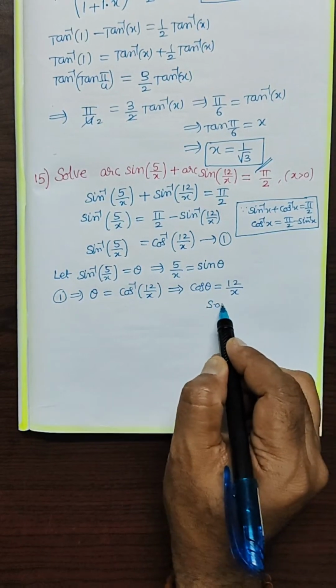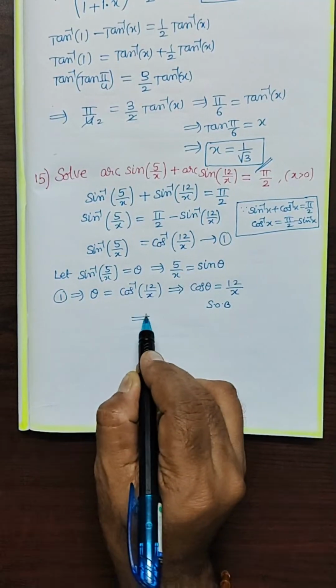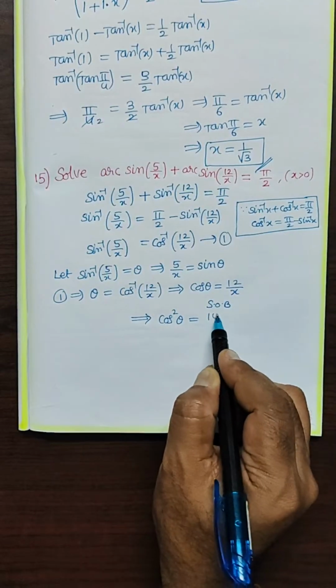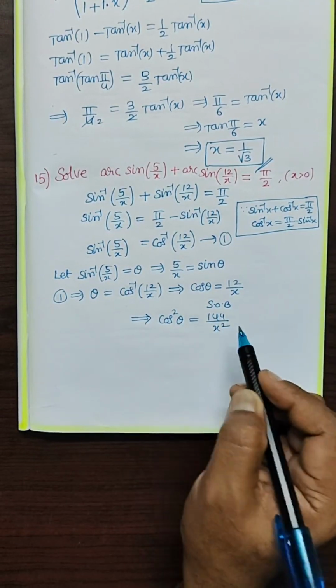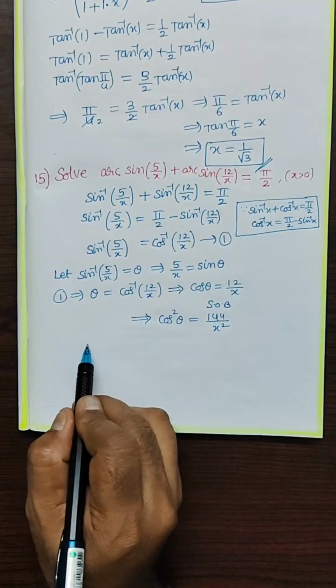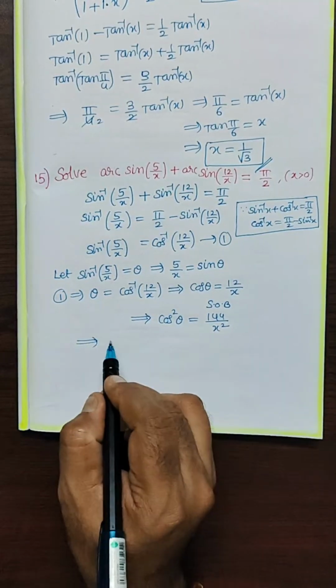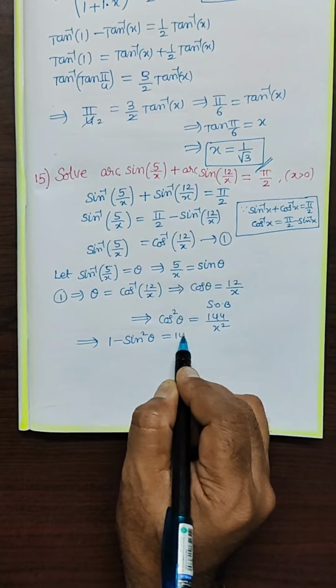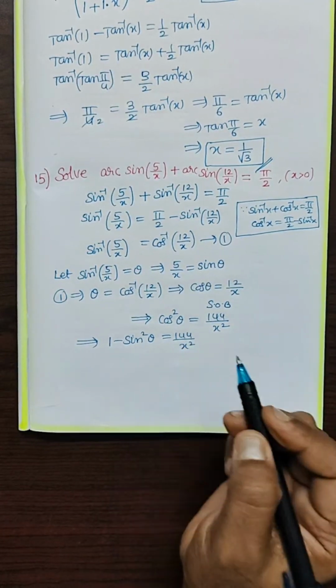Squaring on both sides. Sir, why are you doing squaring? So cos square theta is equal to 144 by x square. Cos square theta in terms of sine is 1 minus sine square theta, equal to 144 by x square.